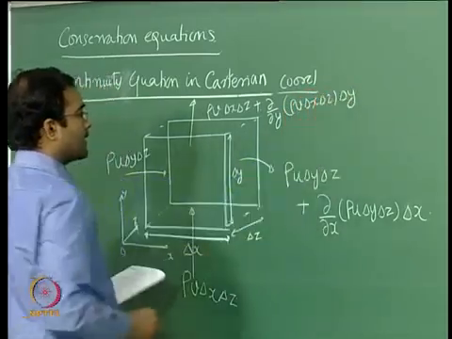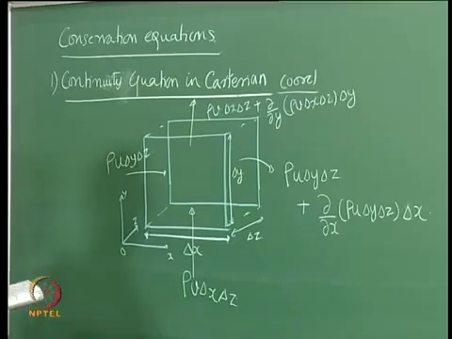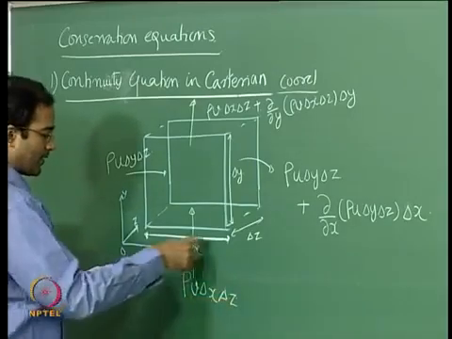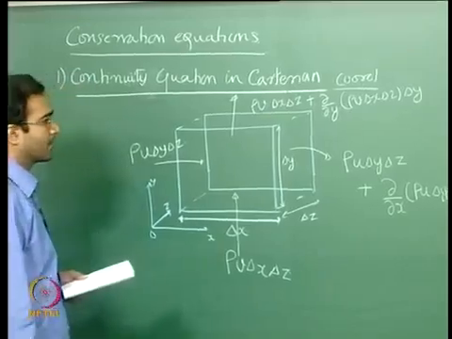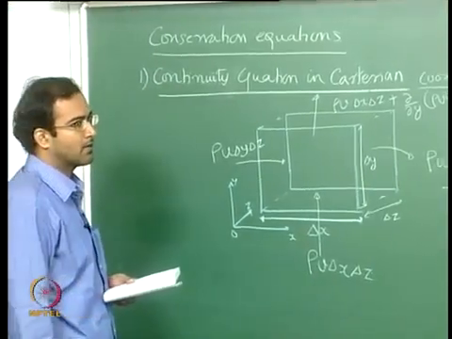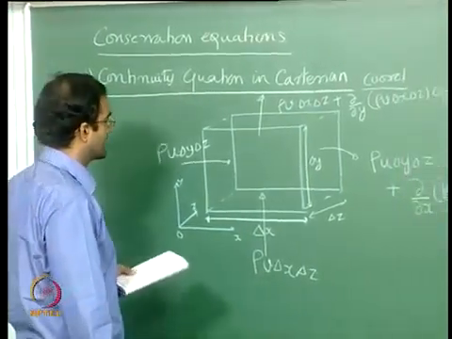So this is again by using the Taylor series expansion. From the quantity at y equal to 0, you can write down the quantity at y equal to delta y.